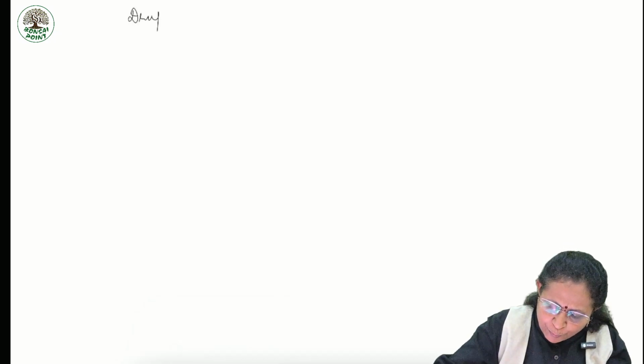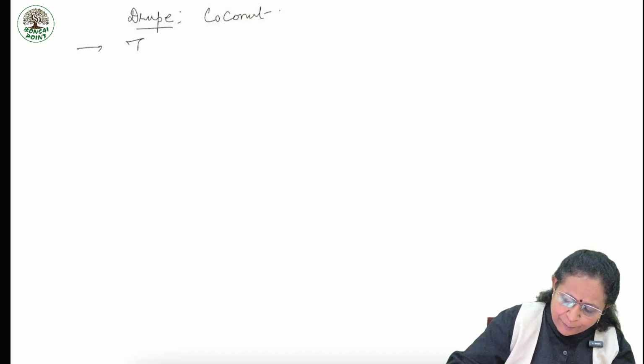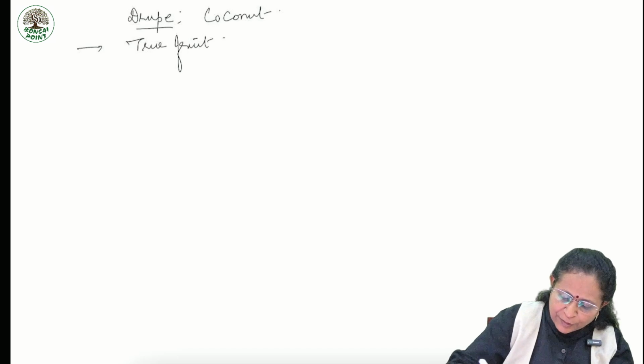Yes, students. Let us see how it appears in coconut. So, here also first thing when they ask you, explain briefly drupe with reference to coconut. You have to write first point, it is an example for true fruit. Okay.